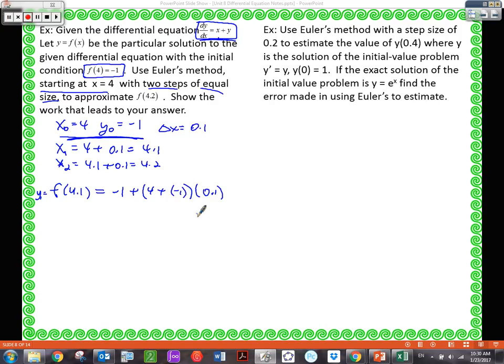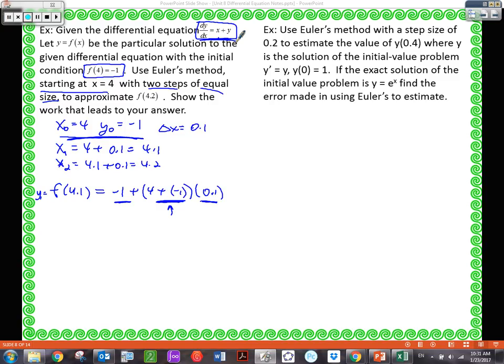This is going to change every time depending on what your derivative looks like. This part is going to be the same, this part is going to be the same, and this is what is going to change from problem to problem. It's not always going to be x plus y; it's x plus y here because that's what this derivative is.